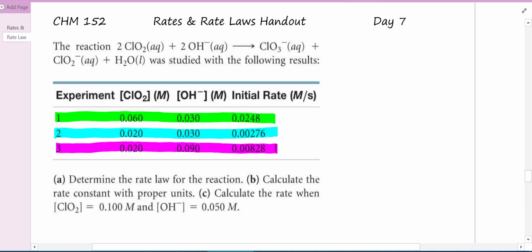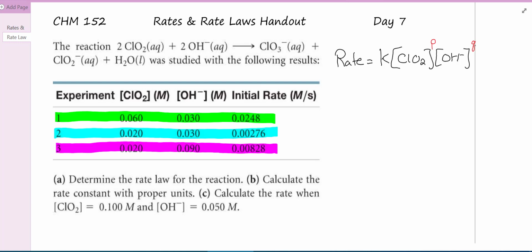Again, the rate law will be in the form rate is K times the concentration of ClO2, chlorine dioxide, and hydroxide. And we don't know what P and Q are, or M and N, or R and S, X and Y. It does not matter what they are. We'll just pick two variables.